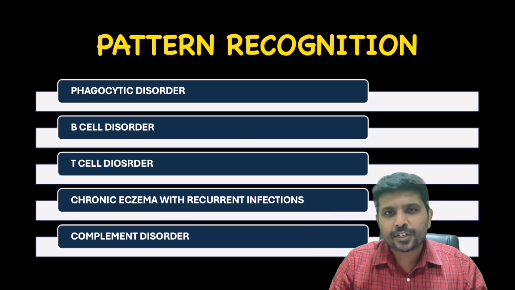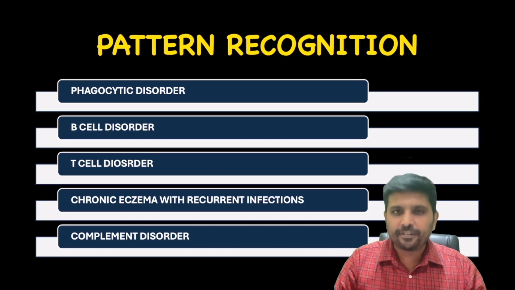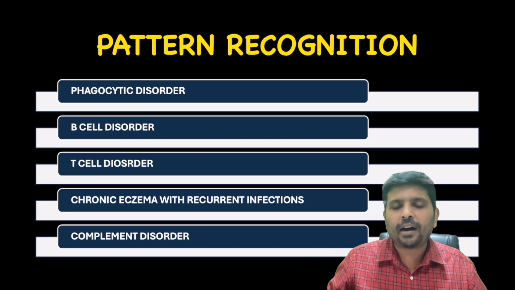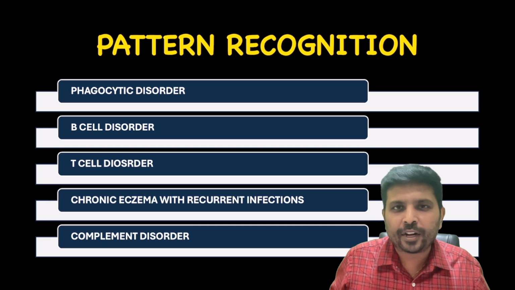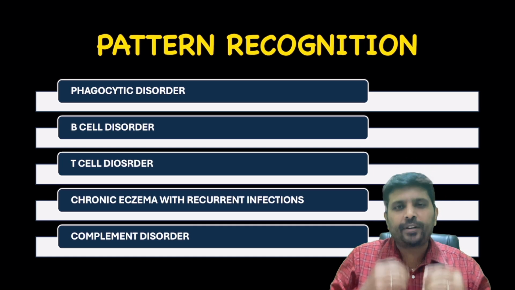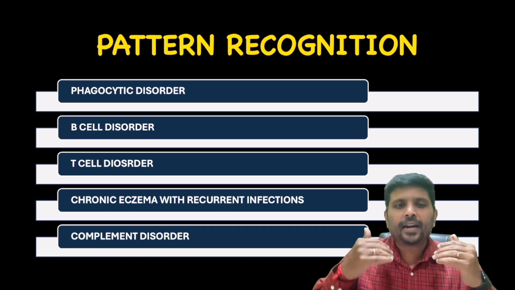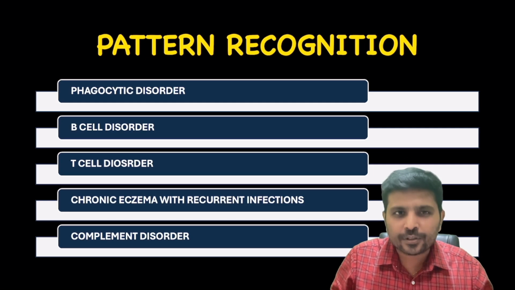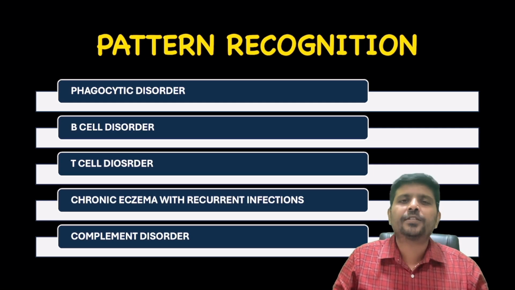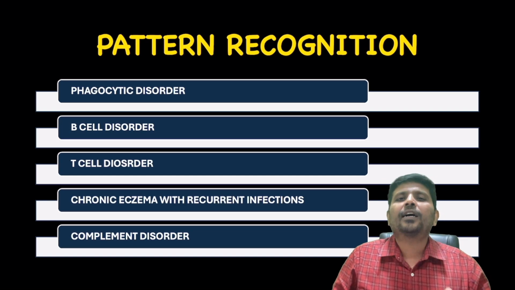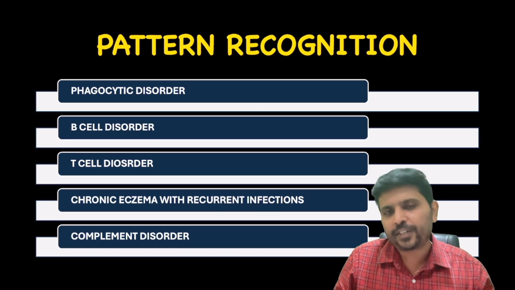Based on the discussion of the three-tier mechanism of defense, let me divide our primary immunodeficiency into only 5 types. What are they? They are nothing but disorders of phagocytes, disorders of B cells, disorders of T cells, disorders of complement function.